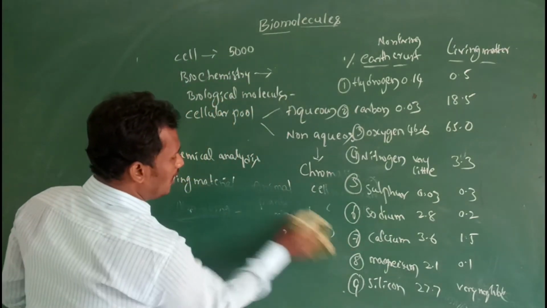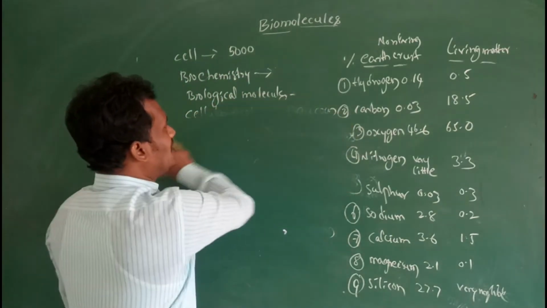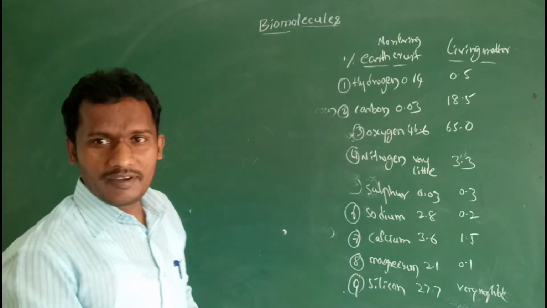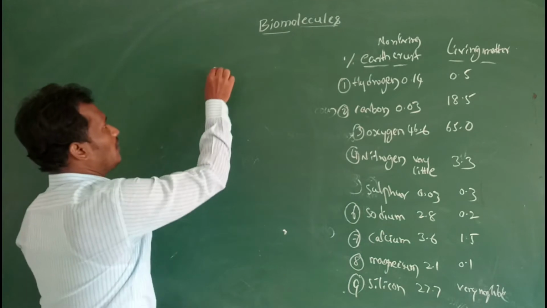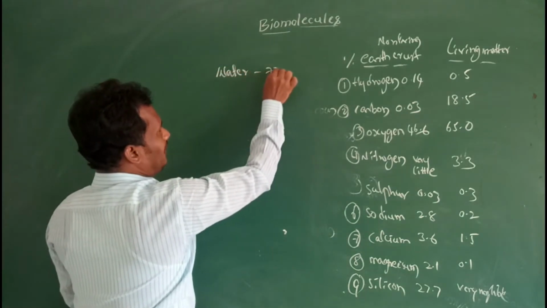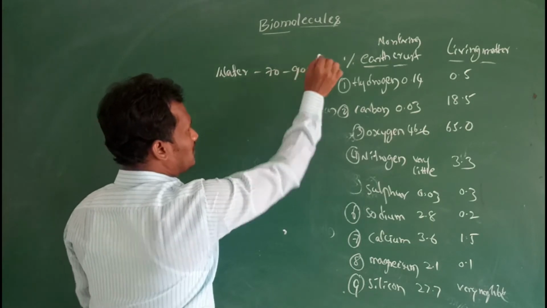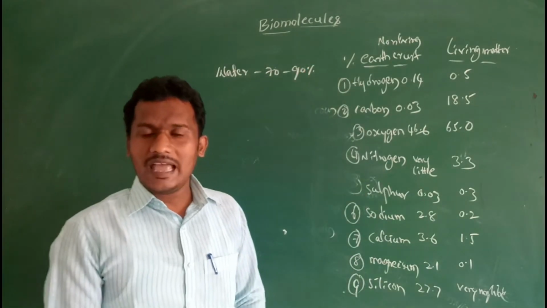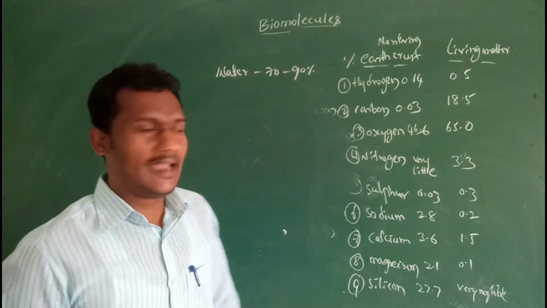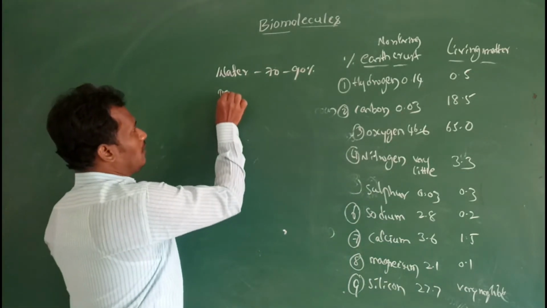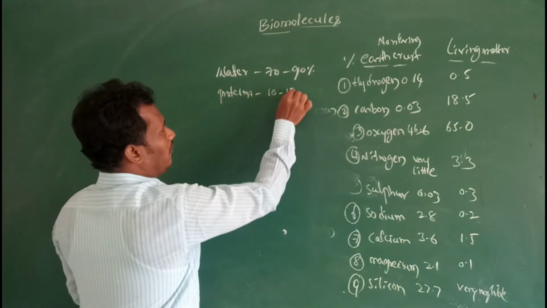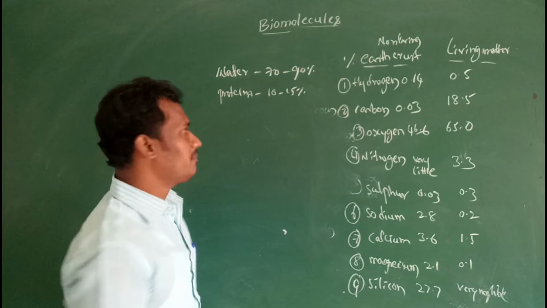Then in the cellular pool, the average chemical composition is water, approximately 70 to 90%. Next, proteins: 10 to 15% of proteins are present.